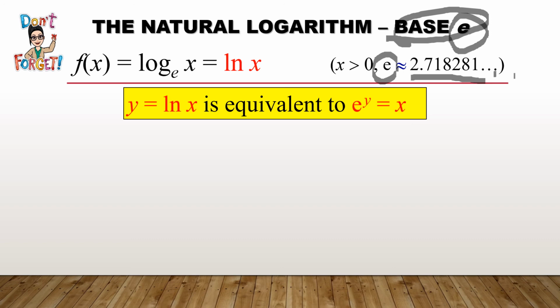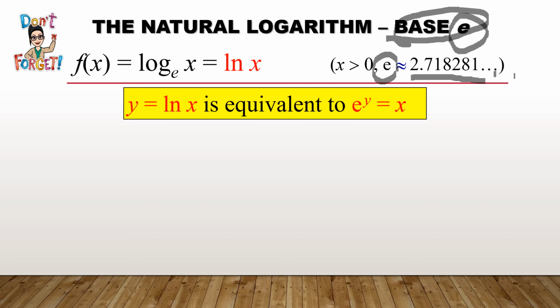So this is the natural logarithm with base e. Later, as we go to the next discussion of the lesson, you will encounter e, and this is very useful in solving problems involving exponential functions and logarithmic functions.